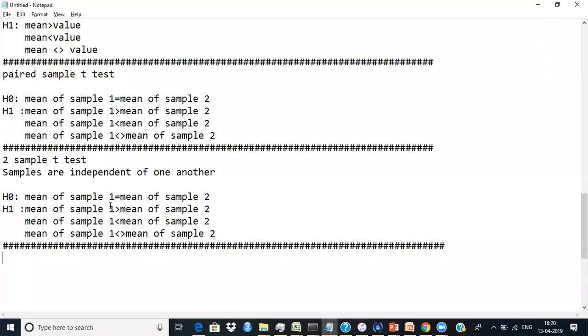That's the only difference. That's why they are called paired sample and 2 sample. Related means you get 2 values from the same person. Here, one value, one person, because a person cannot be both male and female. They'll only belong to one class.